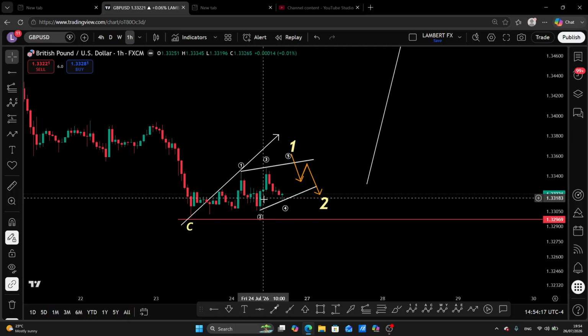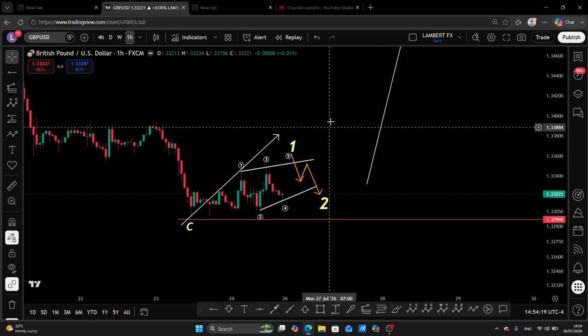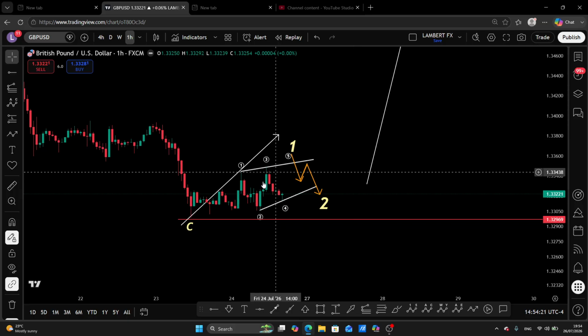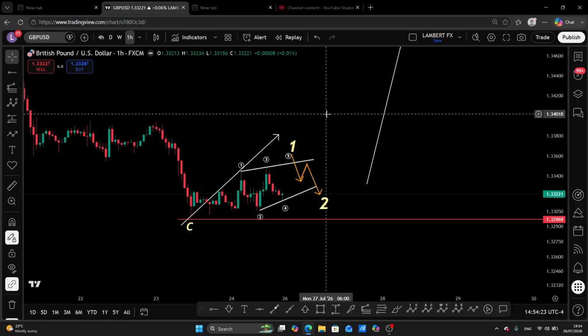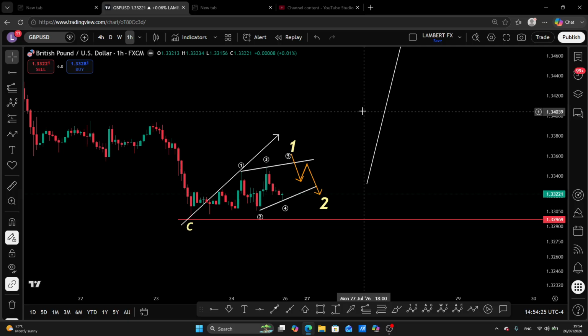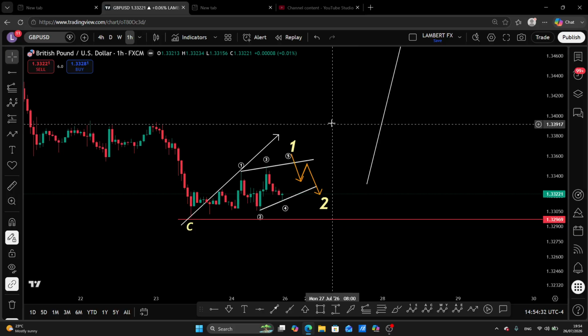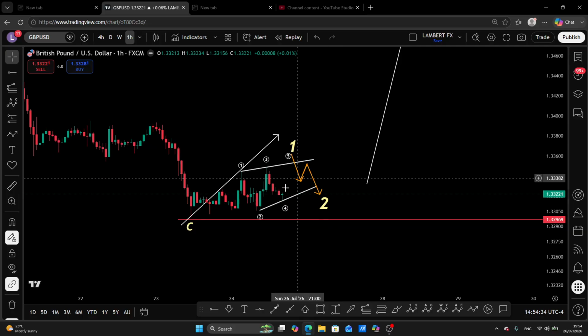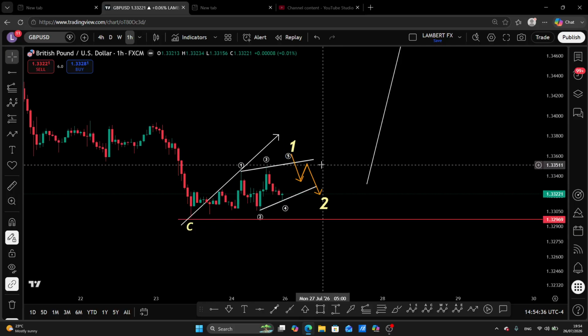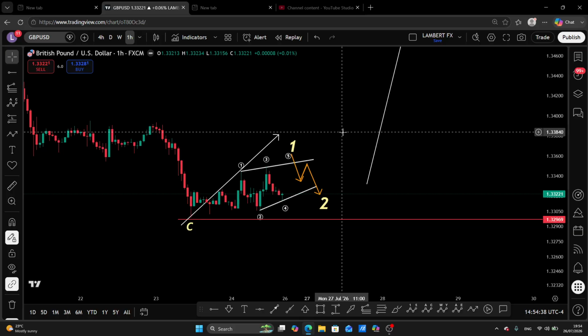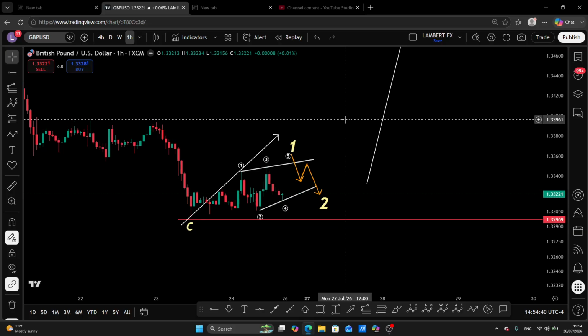Because this looks like a big enough and impulsive leg to the upside. After the 1 2 3 is the impulsive leg to the upside, and you know that's the longest wave. So if you do know how to measure for 3, then you will know where to take your profits.